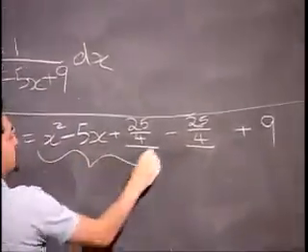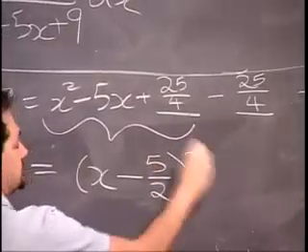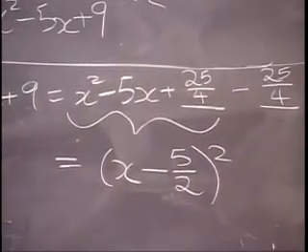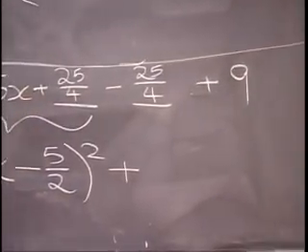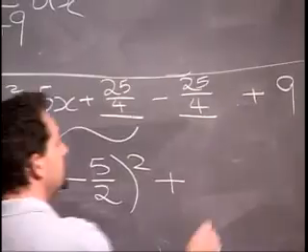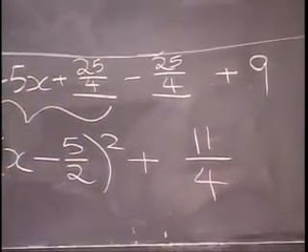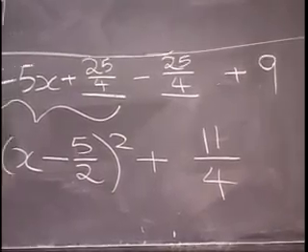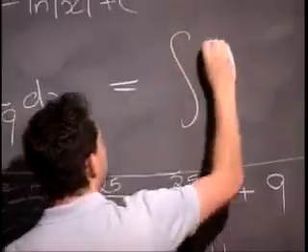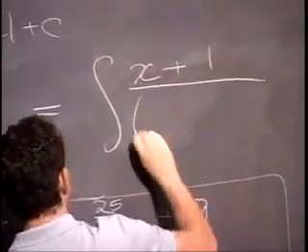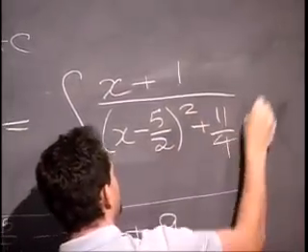These two pieces are just x minus 5 halves all squared. And this piece, you just have to work out that, hey, 9 is 36 over 4. So 36 minus 25 is 11 over 4. That's a bit more nasty in terms of the numbers that come out than the previous example that I did. But never mind, we can write this integral as the integral of x plus 1 over x minus 5 halves all squared plus 11 over 4 dx.